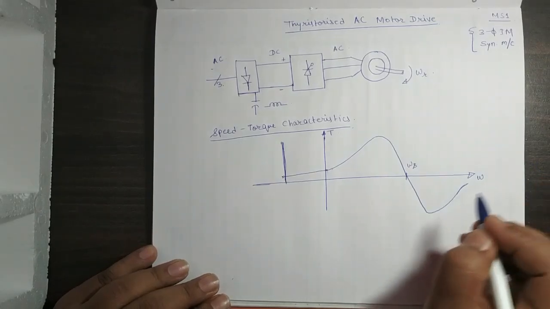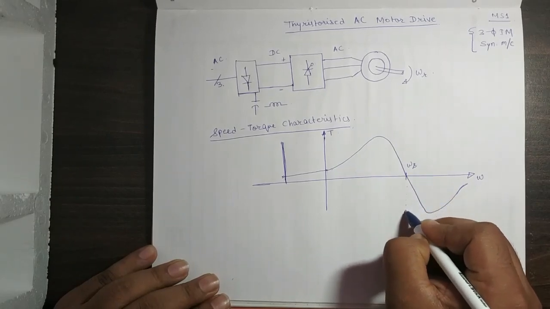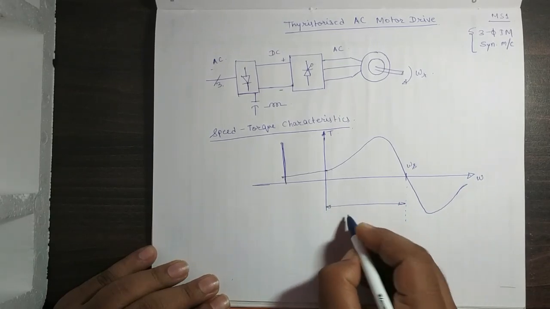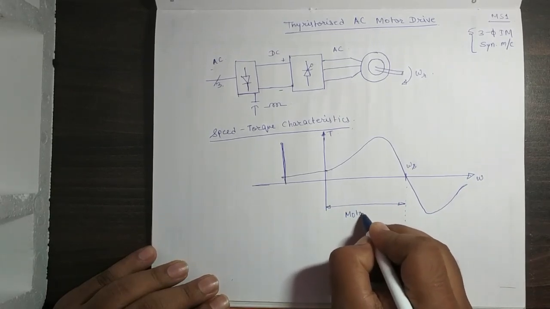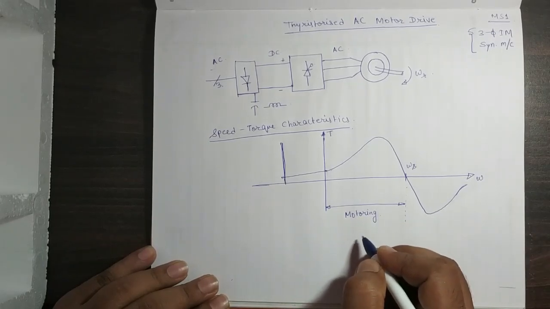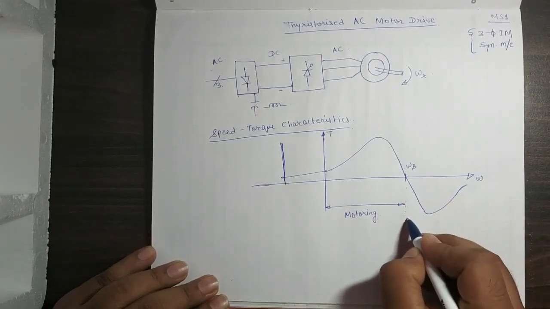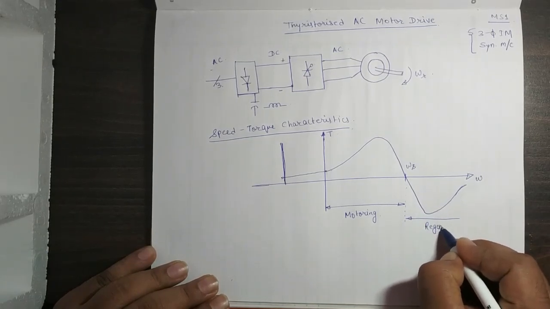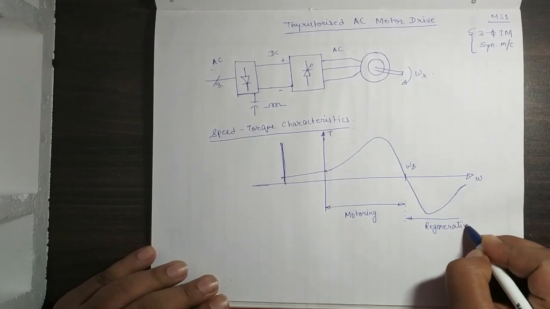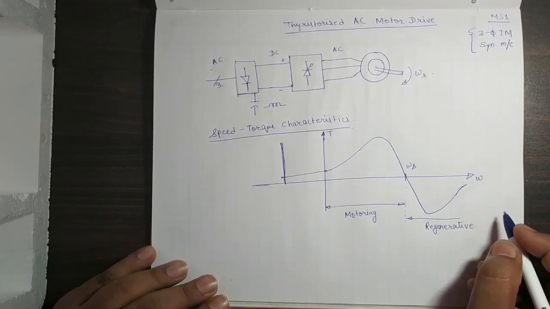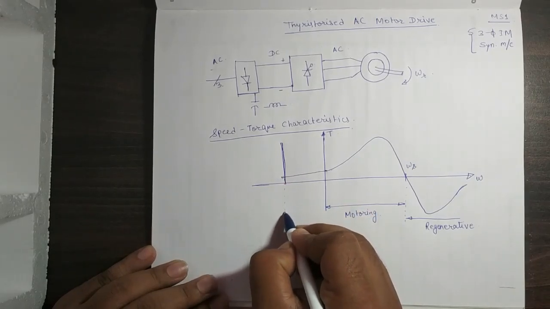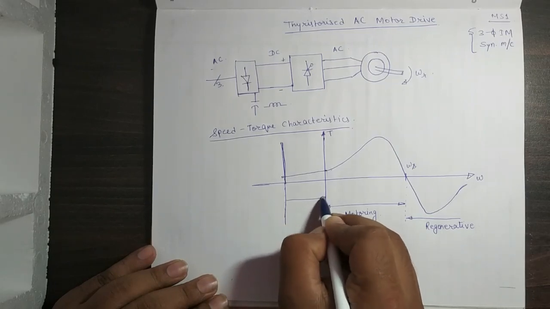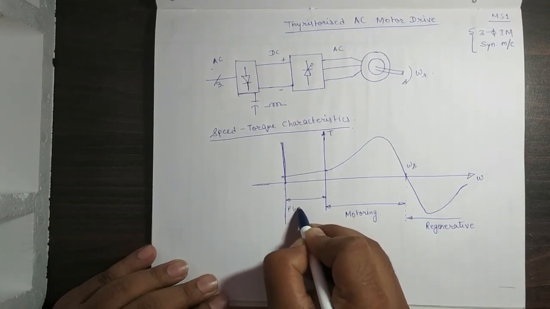So this zone is the motoring zone. As you know, this one is the regenerative zone, and this zone is plugging.